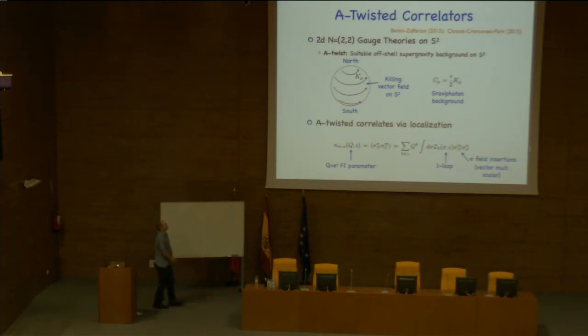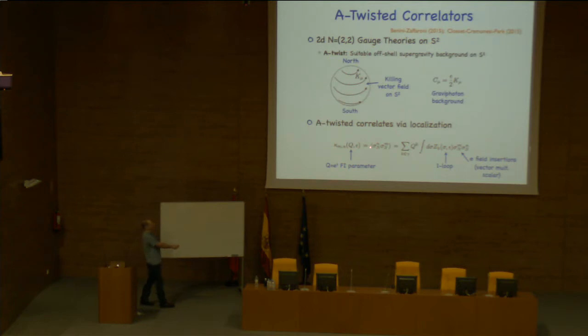Now in this context, you can use localization techniques to compute certain correlators, namely correlators of this type. They holomorphically depend on two quantities, namely these exponentiated Fayet-Iliopoulos parameters, or the complexified version of these, and this parameter epsilon. The kind of correlators you want to compute involves a number of insertions at the fixed points with respect to the action of the Killing vector field.